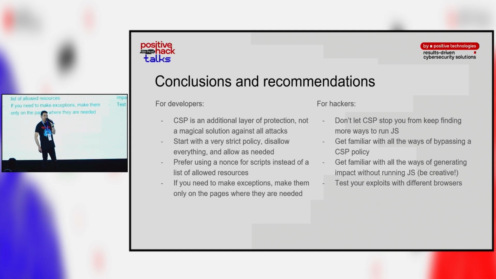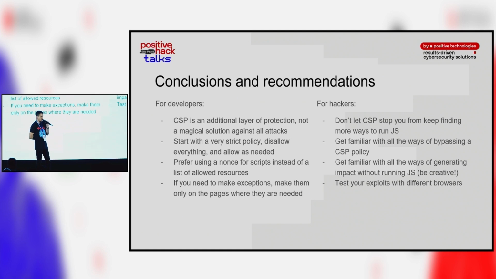But as we saw, injecting HTML can still compromise the security of the page. And also test your exploits with different browsers. Like we saw, sometimes it works only in one browser or just another one.